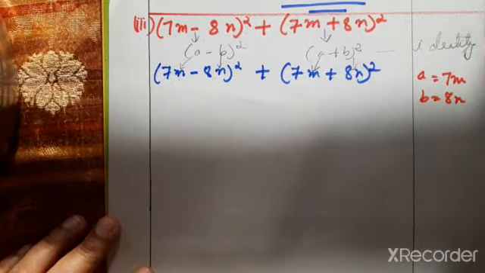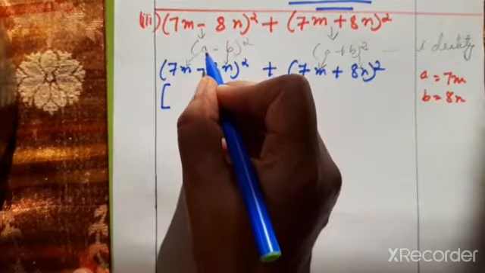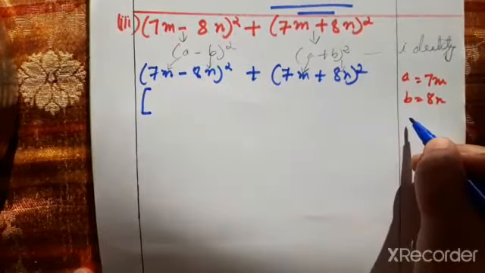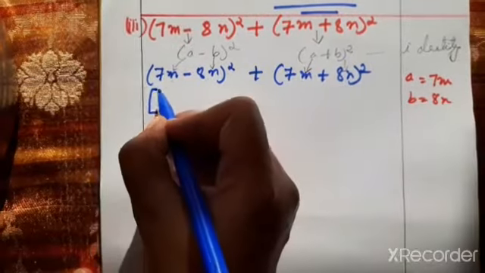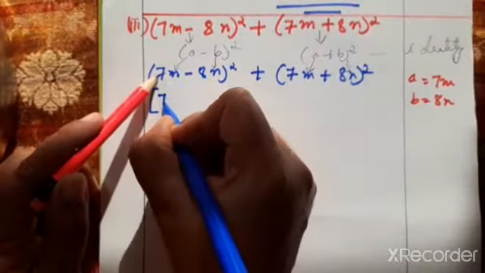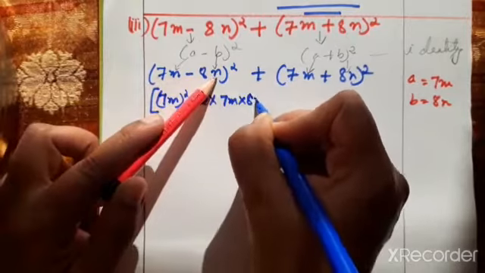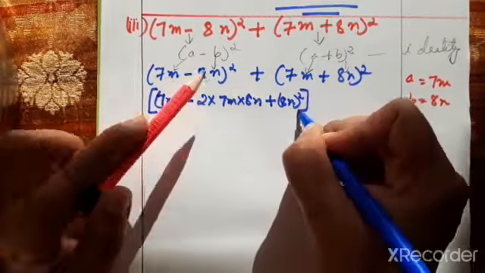Now, what is the identity? The (a − b)² identity is a² − 2ab + b². No need to write it, but if you want, you can write the (a − b)² and (a + b)² identities here. So we can write directly: a² means (7m)², minus 2ab means 2 into 7m into 8n, plus b² means (8n)².